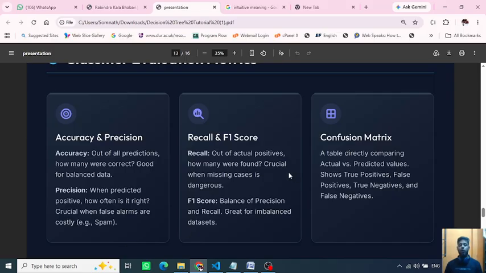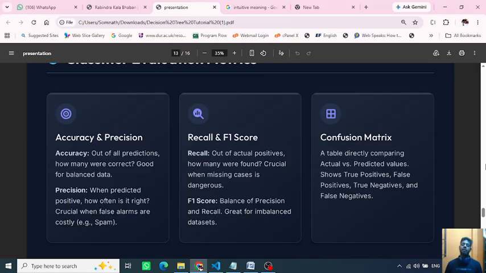Recall and F1 score. Recall is, out of actual positives, how many are found. It's also very important. And F1 score is a balance of precision and recall, so F1 is a combination of precision and recall.